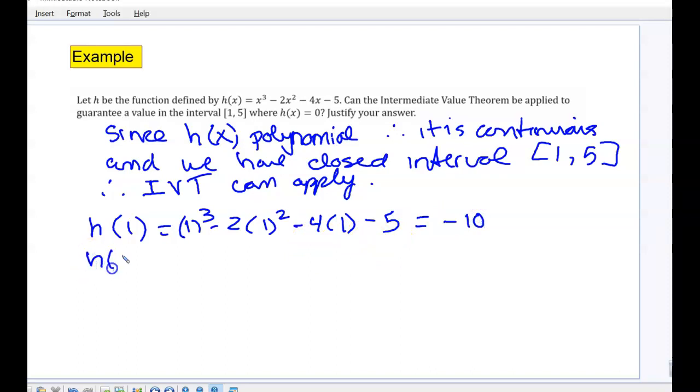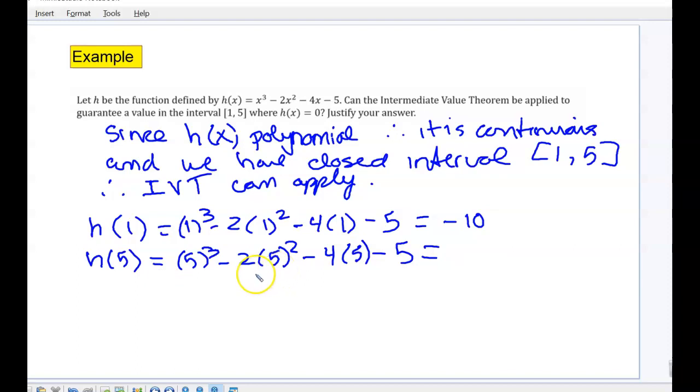If I evaluate h of 5, that's going to be 5 cubed minus 2 times 5 squared minus 4 times 5 minus 5. And if I work this value out, 5 cubed is 125, minus 5 squared is 25 times 2 is minus 50, minus 20, minus 5, and this works out to be 50.